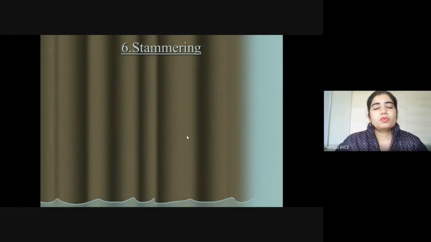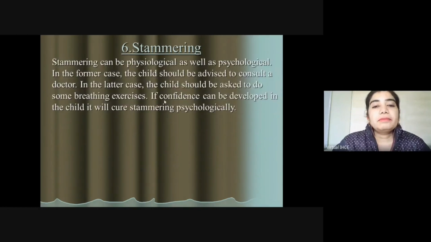Next is stammering. What is stammering? Stammering can be physiological as well as psychological. Okay, stammering means again and again the student is not able to speak the word properly, or he is repeating it. In the former case, which is physiological, the child should be advised to consult a doctor.